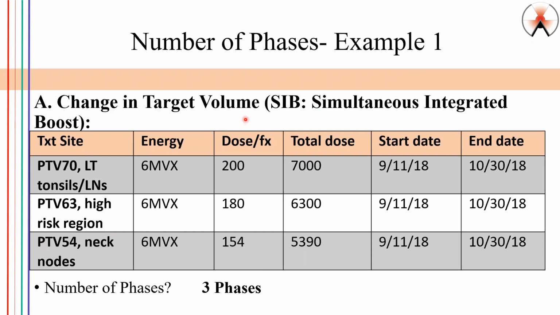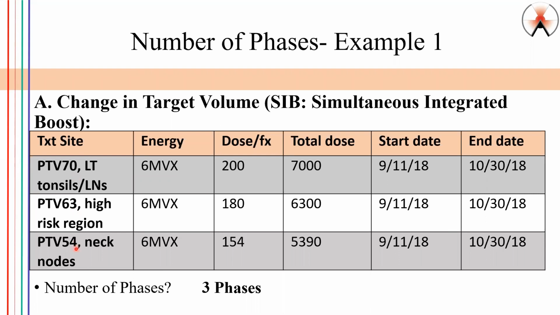Change in target volume. When you have SIB, simultaneous integrated boost, you typically see these a lot in head and neck cancer cases, and you can also see these in prostate cases. This is how typically the information is presented in the treatment summary. We talk about PTVs, PTV 70, PTV 63, PTV 54.